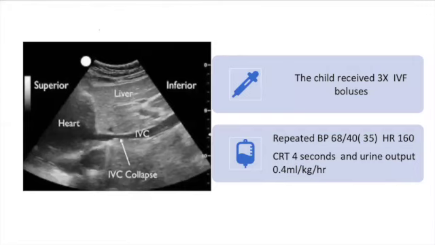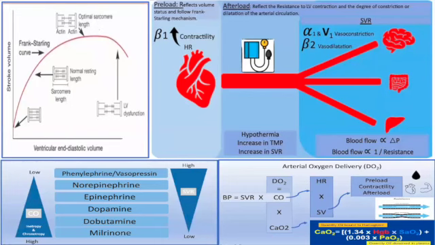In such patients, you may need to give 5, 6, sometimes 7 boluses of 20 ml per kg just to get the balance, and the child will be intravascularly full. So the answer in this patient: give more IV fluid boluses, expand the intravascular compartment.